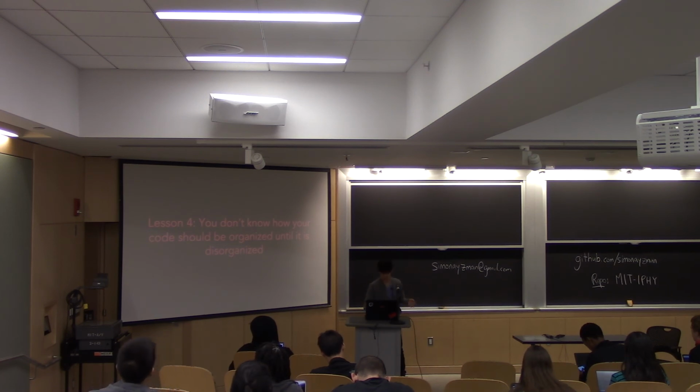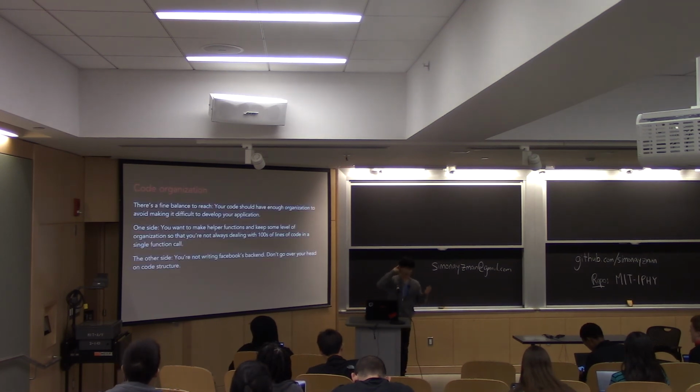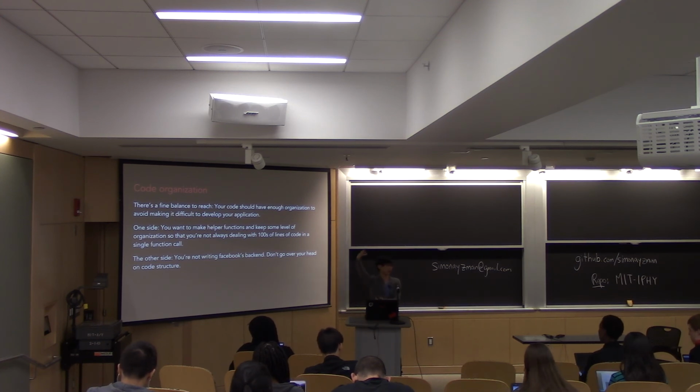This is not how you do it. There's a very fine balance to reach where on one side you want some helper functions to make your code readable, digestible, debuggable. You don't have large blobs of 300 lines of code in one function. But on the other side, you don't want to go too overboard and try to write an architecture for your code base.